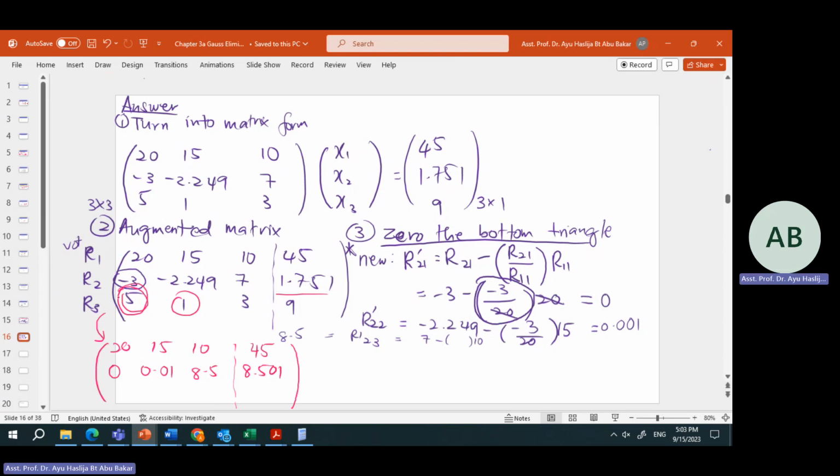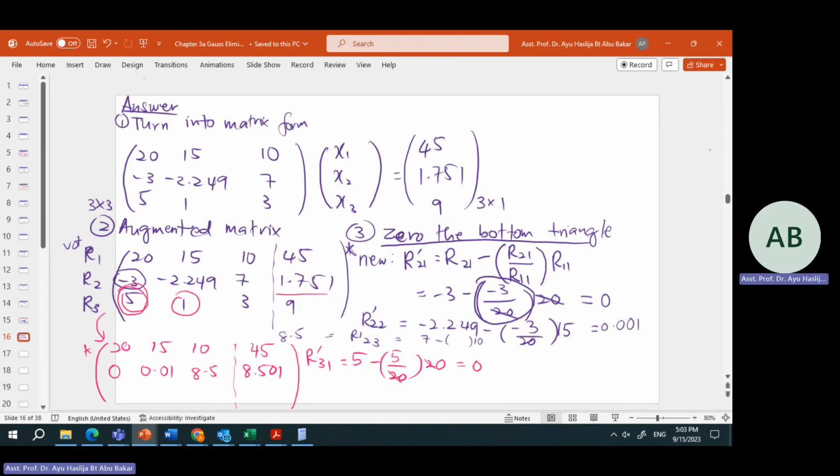Okay, so now to eliminate x1 in row 3, number 5 over here. Still pivoting row 1. The new R prime 3, 1: the original 5 minus 5 over 20, multiply by 20.